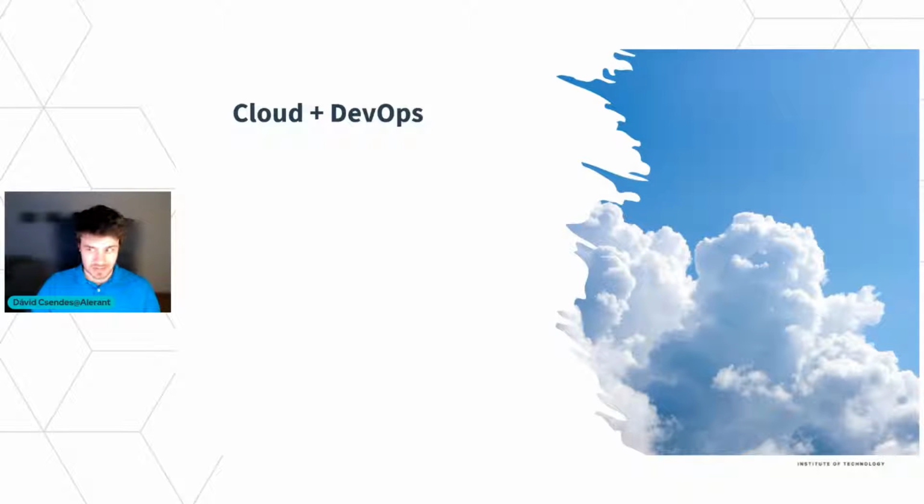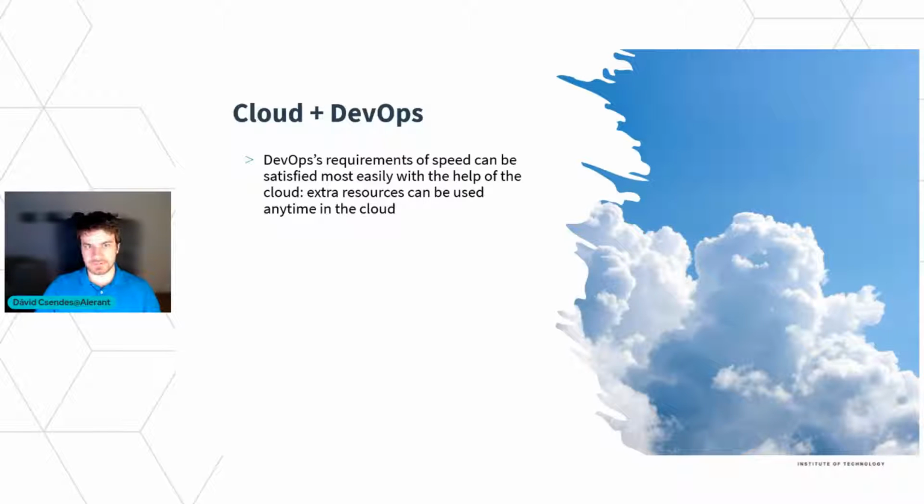And we are getting close. So we try to use cloud and DevOps together. Now, DevOps has a requirement of speed, and it will speed up our processes even more. And this requirement can be handled easier with the help of the cloud. For example, we get a huge load instantaneously.